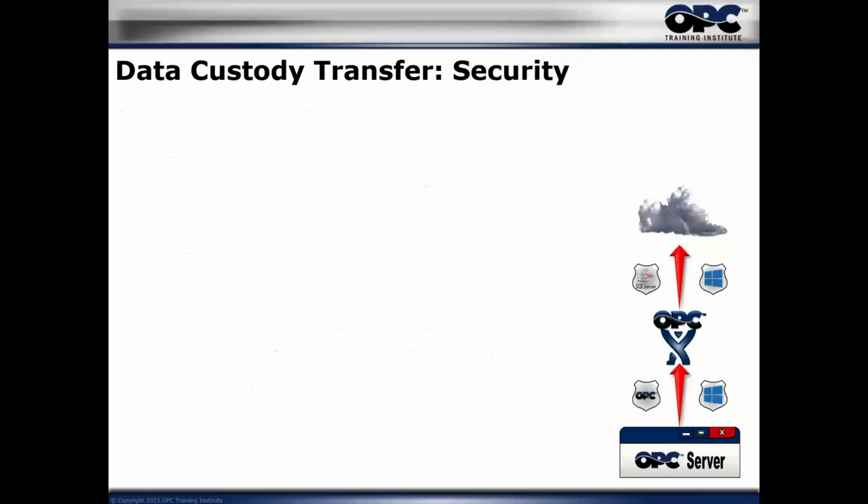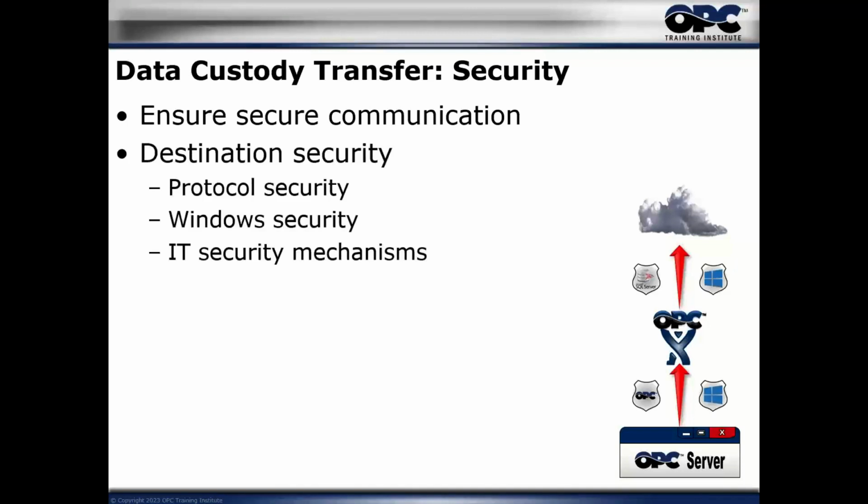Now, as far as security, and obviously security is getting more and more important. It's been there for a long time with us. And by the way, if you take our hands-on OPC training, we show you how this security actually works very well. We do a deep dive into it. So on the destination side, the destination always has its own security. Now, that security can be within the protocol itself.